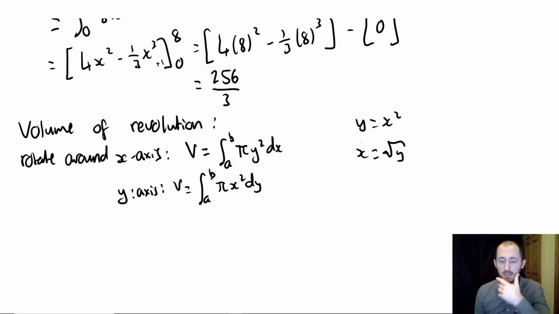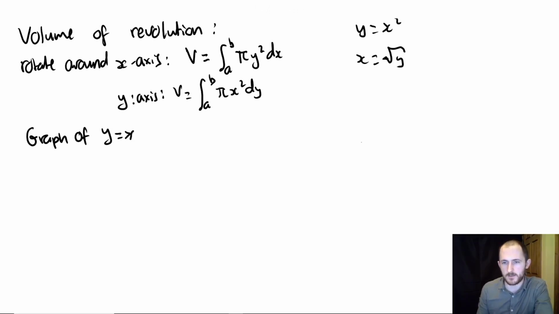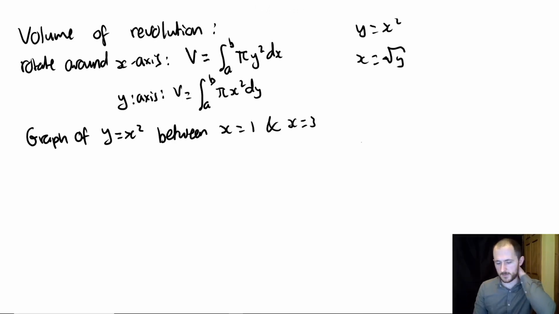So as an example, imagine we have the graph. In fact, you won't have to imagine, I'm going to write it out for you. Graph of y equals x squared, and between x equals 1 and x equals 3. I've got this example written down in front of me, which is why I'm saying this.